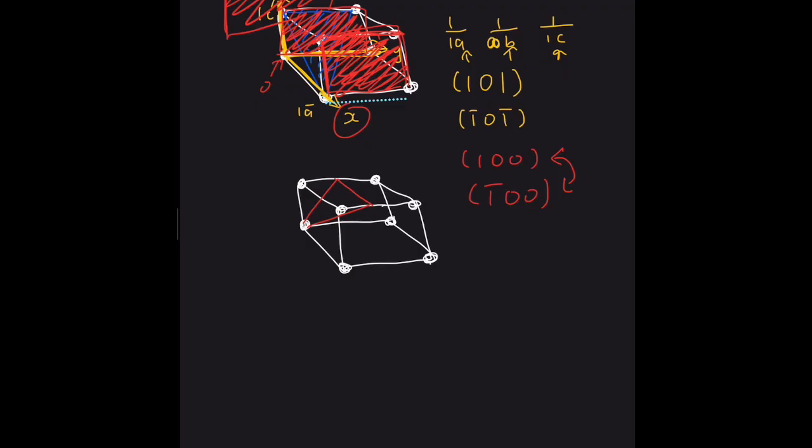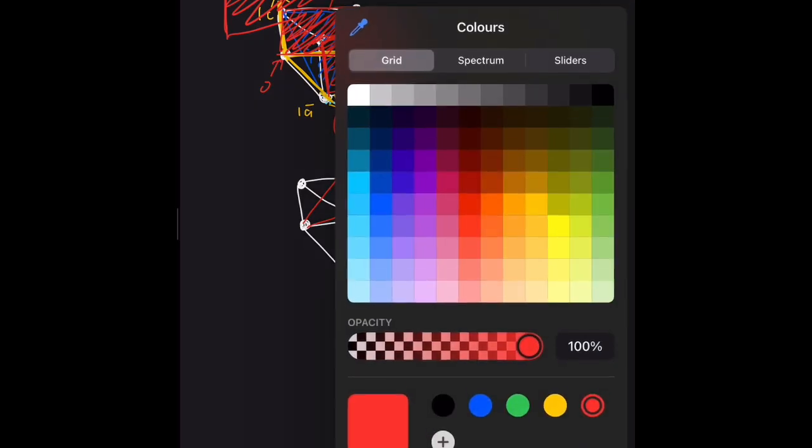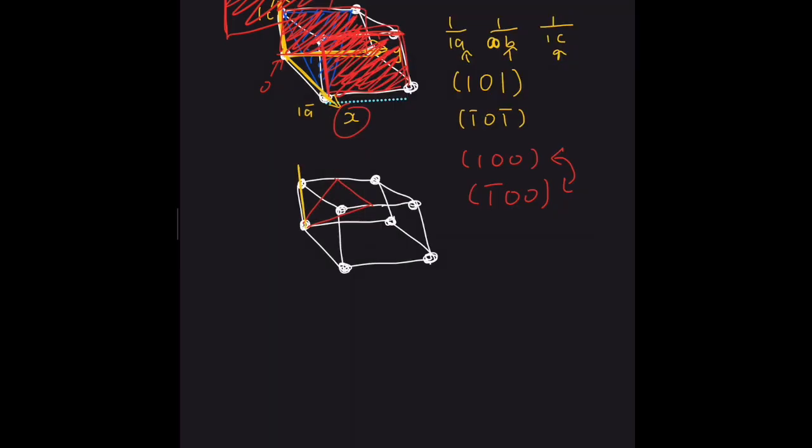Well, if you take your axis at this conventional point, you will find that this plane doesn't intersect the axis within the unit cell, even though it should. As in, even though we want it to intersect, we want to find an intersection point.